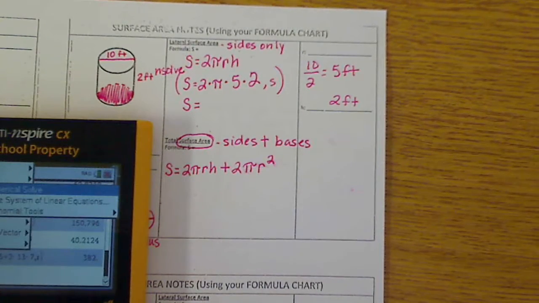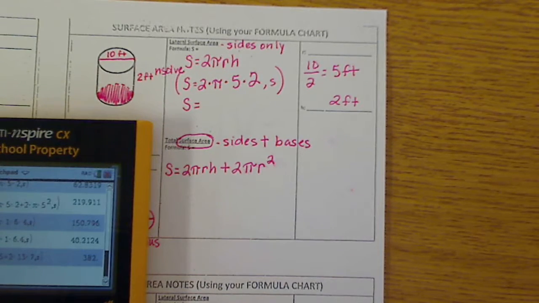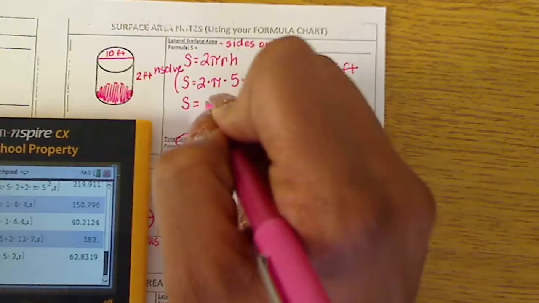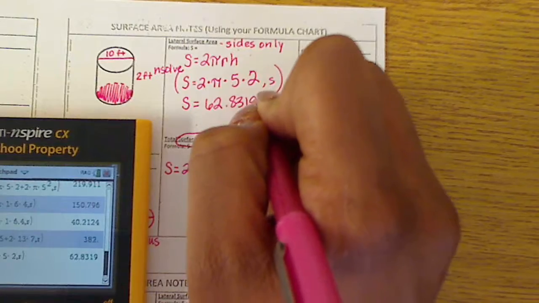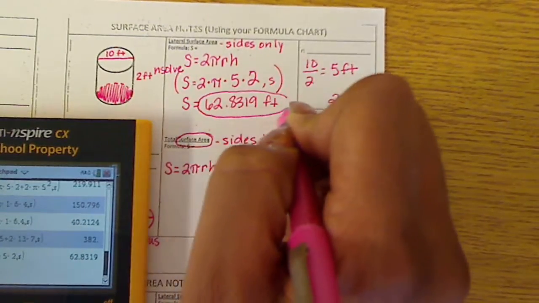Menu 3, 1, S equals 2 times pi times 5 times 2, comma S. You should get 62.8319 feet squared. This is your lateral surface area.